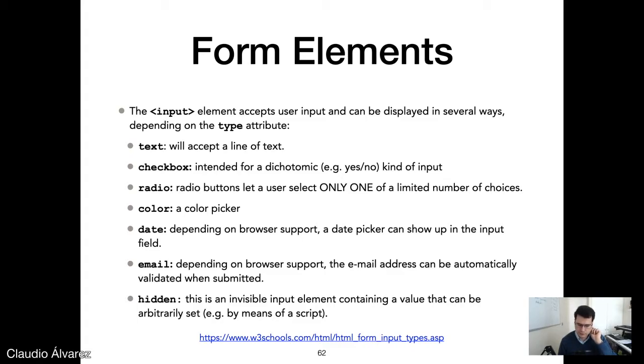Actually, for this kind of data, you perform validation both in the browser and on the server side, as we saw back in the day when we were studying validation with Active Record, right? And you can also have hidden input elements that will contain hidden data that can be meaningful to your application, to your controller. If you want to pass a variable that's hidden with a value and you want to make a decision in your controller about that variable, you can do it with a hidden input form element.